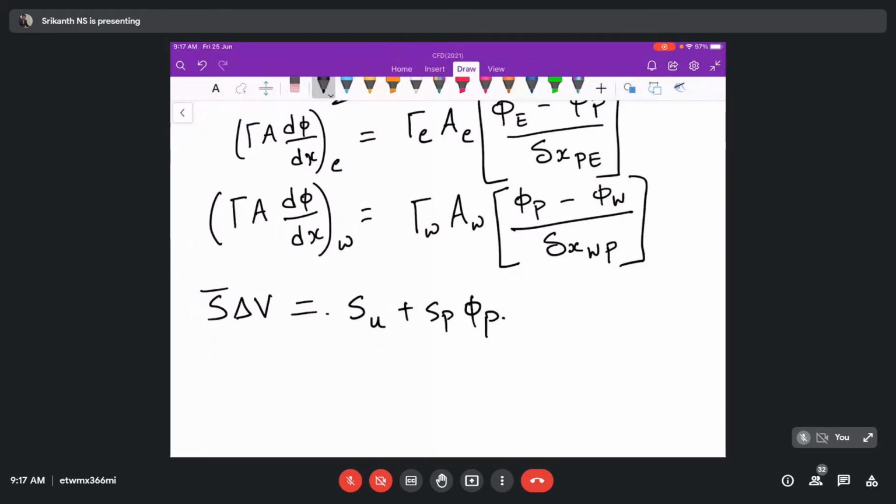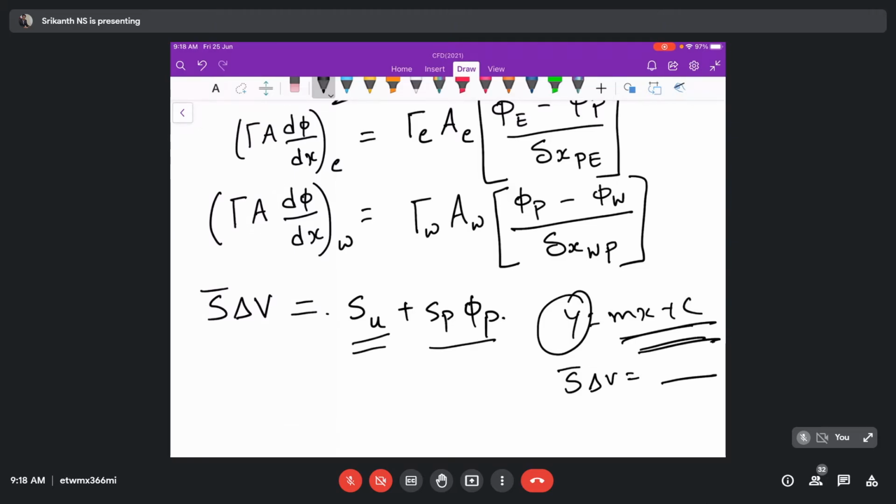We are just approximating. In the linear form, we are just approximating it, like Y is equal to MX plus C. You can consider this as S bar into delta V. We are approximating that as a linear form, so that we are giving it as SU and SP.